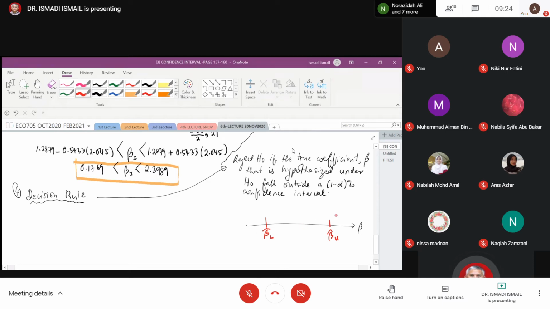So let's say your H0 falls outside, so reject H0. Okay, what happens if H0 falls inside? The 1 minus alpha percent confidence interval, do not reject H0. Okay, do not reject H0.